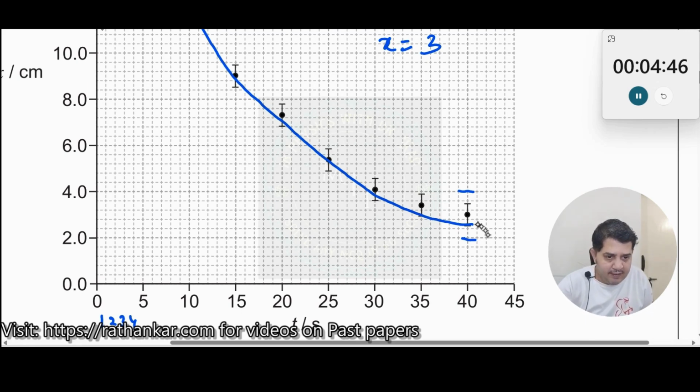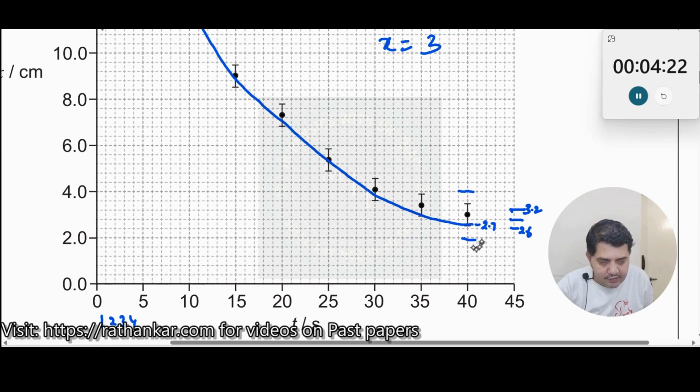If you look at this, this is your 4, this is your 3.6, this is your 3.2. This is 2.8, and this is your 2.6. If this is 2.6, this could be somewhere around 2.7.